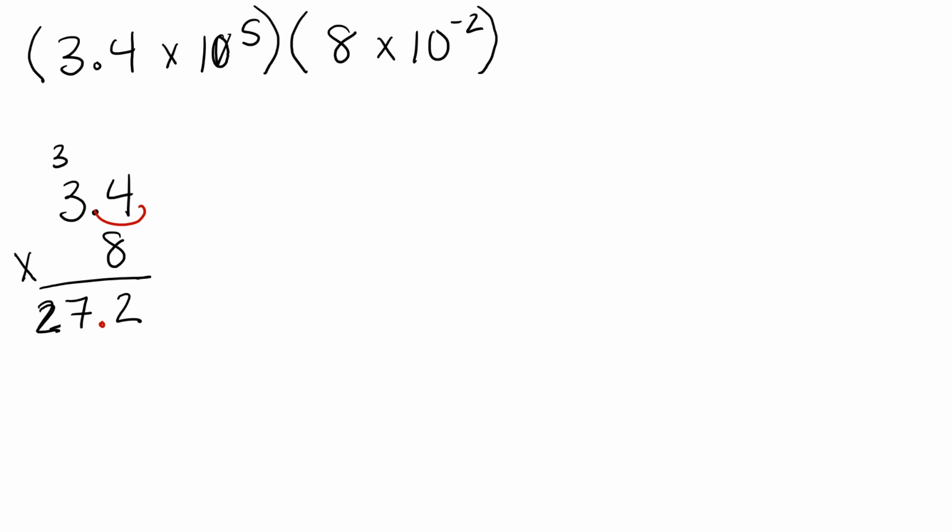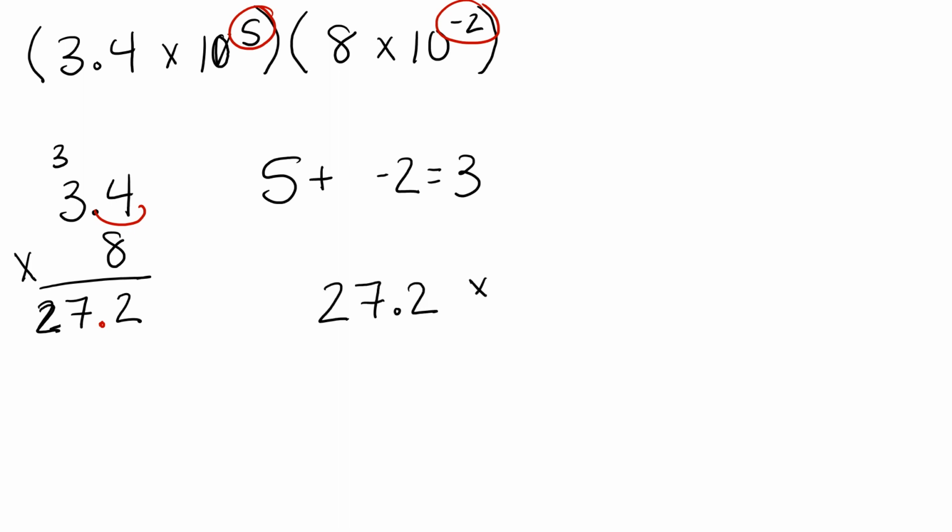When we're multiplying, we would add our exponents together. So we would add the 5 plus the negative 2. 5 plus negative 2 is 3. We use all of that information in order to write our answer, 27.2, always times 10, and that's to the 3rd power.